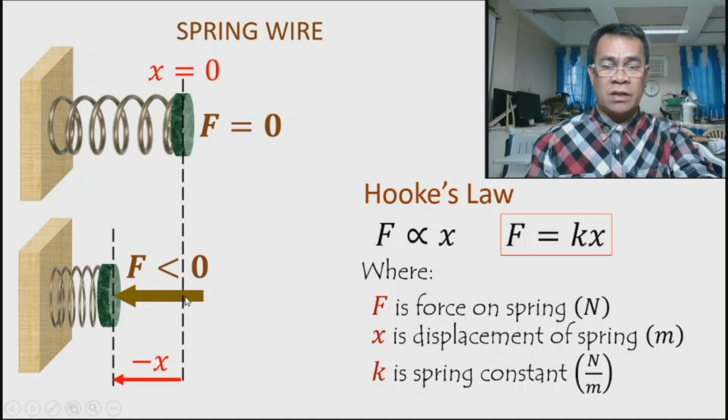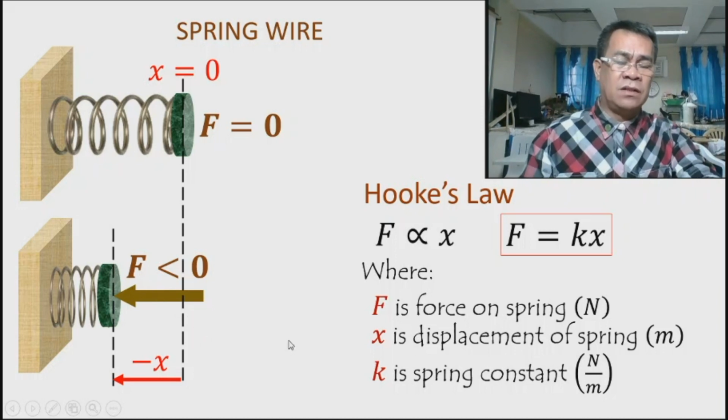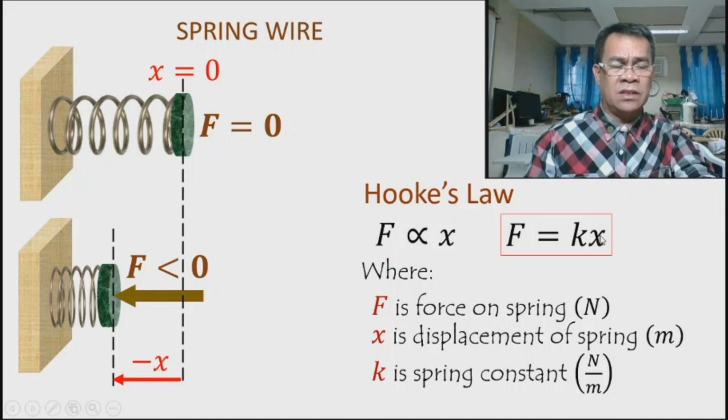It returns to the original. If it is beyond the elastic limit, then it won't return. We call it the plasticity limit. But if the force is within the range of elasticity, it will return to that position. So again, remember that the force is K times X, where K is the spring constant and X is the displacement.